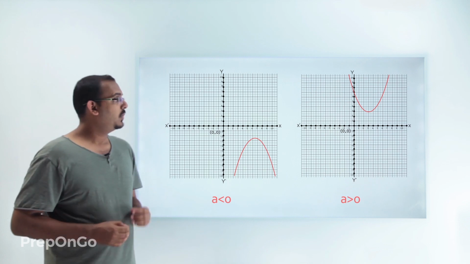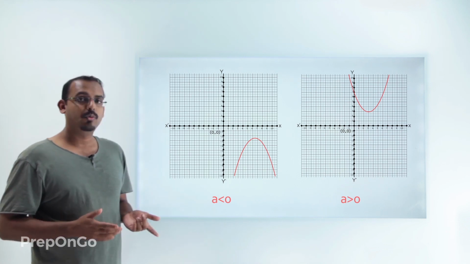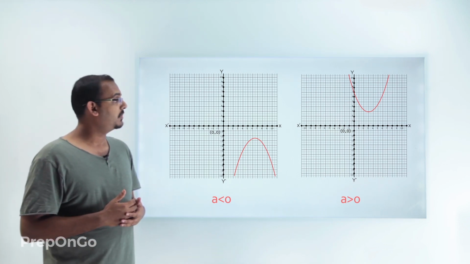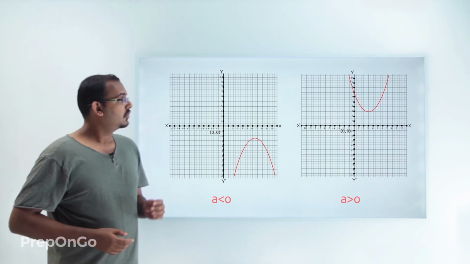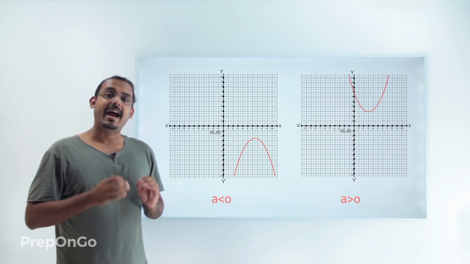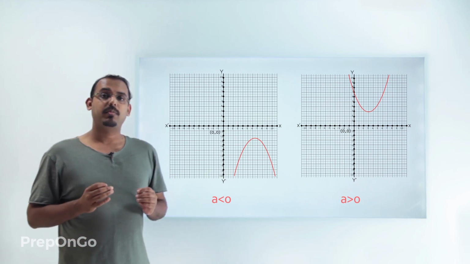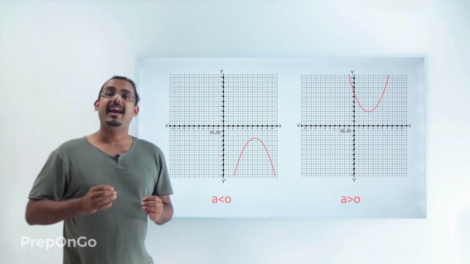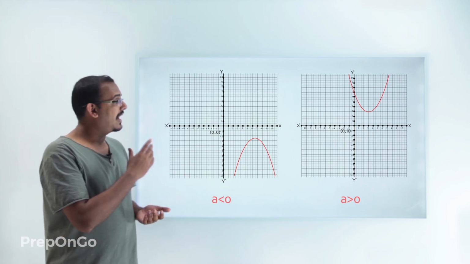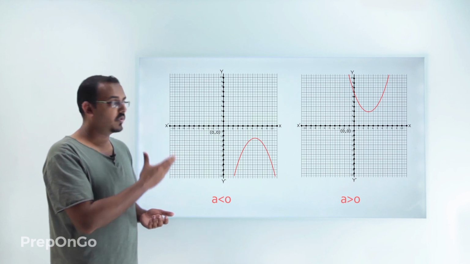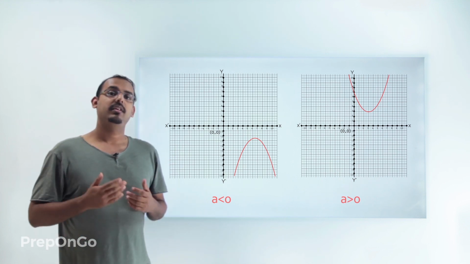Now let's have a look at the third case. In the third case, we can clearly see that the parabola, or the graph of the quadratic polynomial, does not intersect the x-axis at all, right? So there are no points at which the graph of the quadratic polynomial intersects the x-axis. In this case too, the parabola can open upwards or downwards.